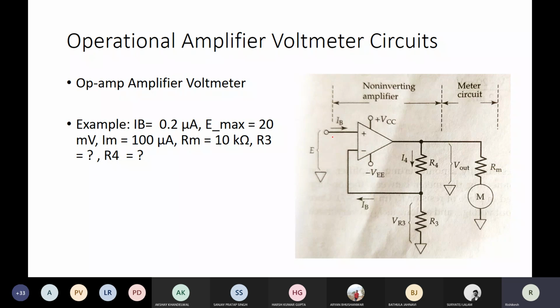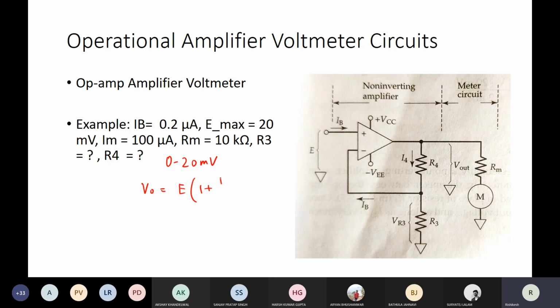Here, as you can see, the maximum magnitude being measured is 0 to 20 millivolts.